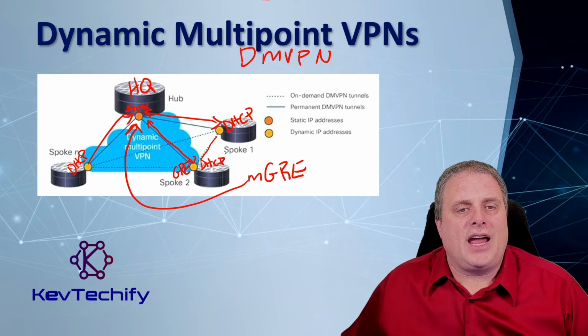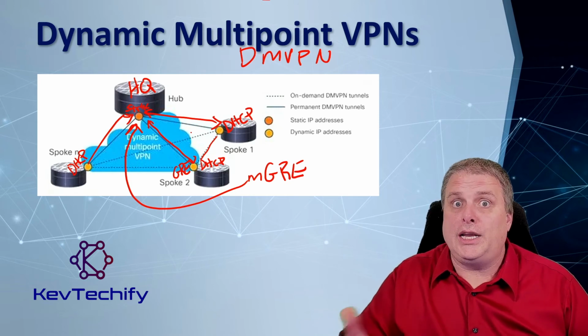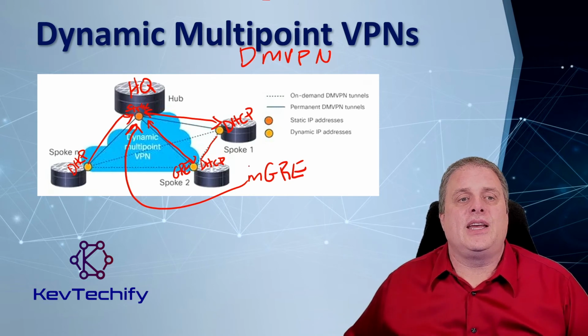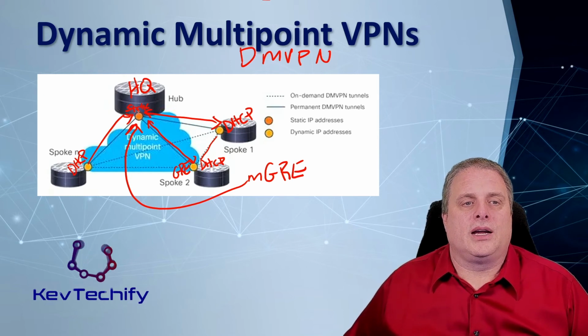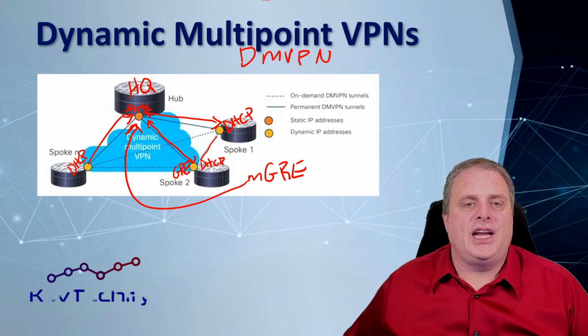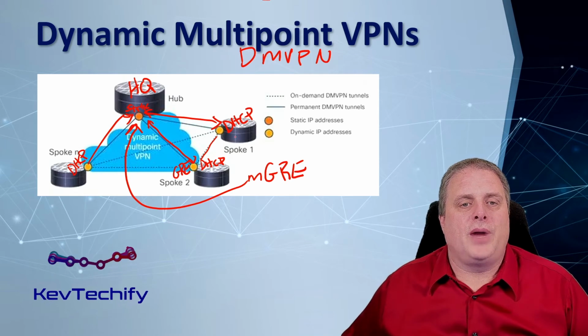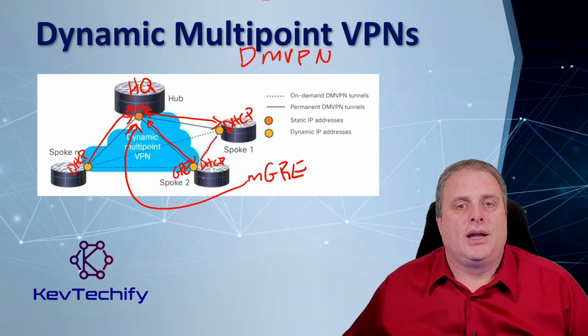Even with both of them having a DHCP address, a dynamic address that could change and will change, because they communicate back to the static hub, that hub does the initiation and keeps track of the information. So location one, branch one, can set up an on-demand tunnel to branch two. They can transfer data directly back and forth.